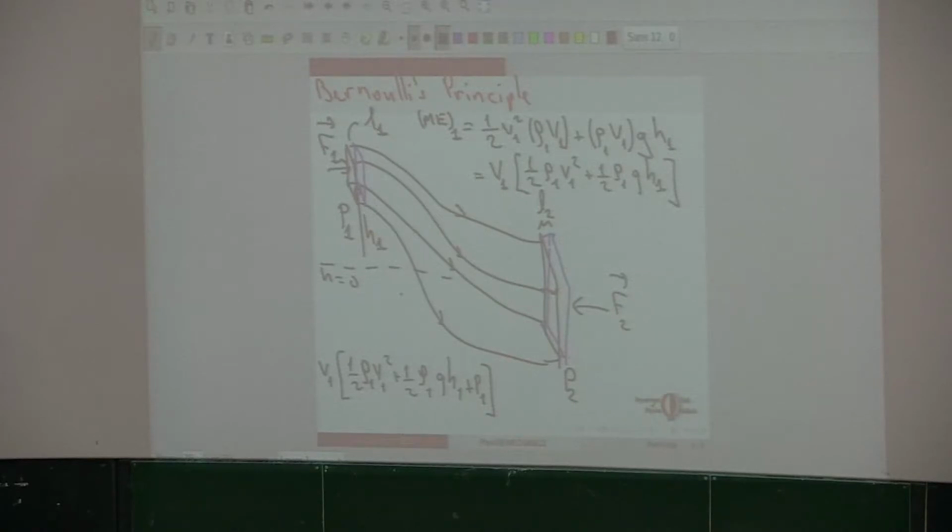We have been assuming an incompressible fluid, and we have been assuming that the mass over here is equal to the mass over here. As your friend pointed out at the end of the last lecture, if we are assuming an incompressible fluid and the equality of the masses, then we should have the equality of the volumes. So this quantity is equal to the same quantity with V1. The V in the parentheses is the speed, and the other V is the volume.